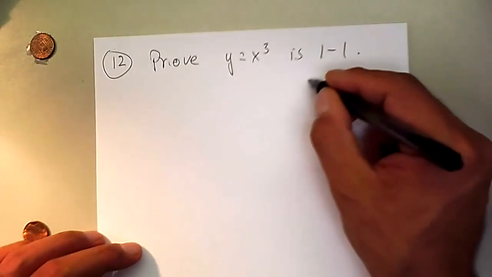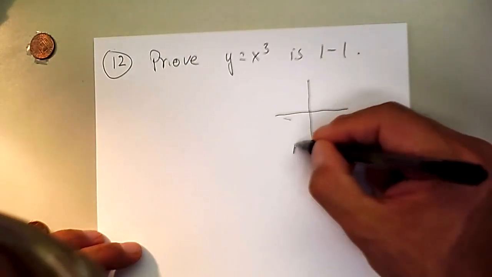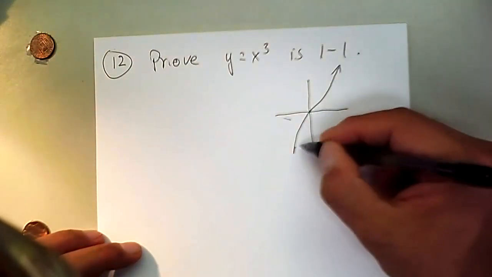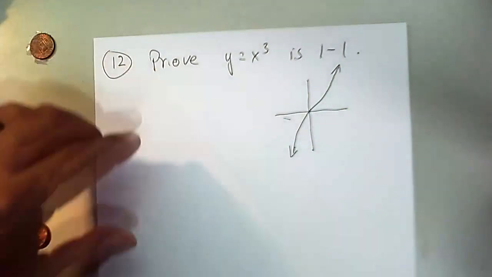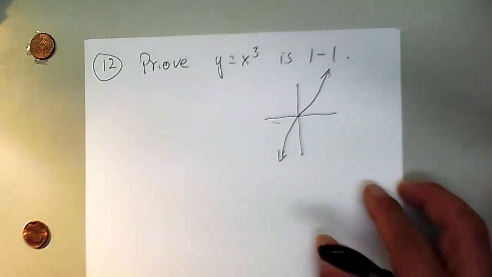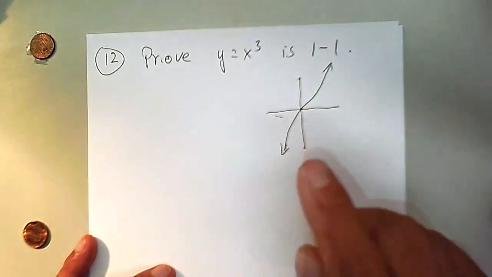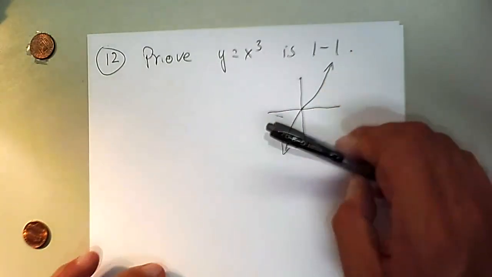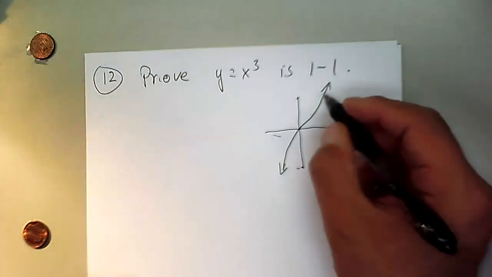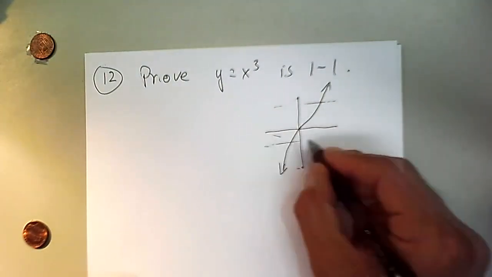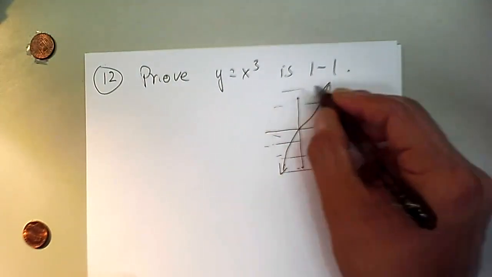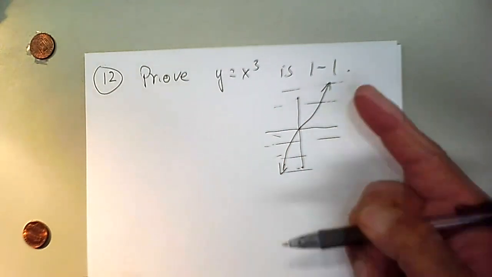It is an s function. It's not really an s, but sort of, because an s goes like this. Anyway, it's well known, and you can just draw a few horizontal lines, and we can see that they're going to cross the graph at no more than 1 point.